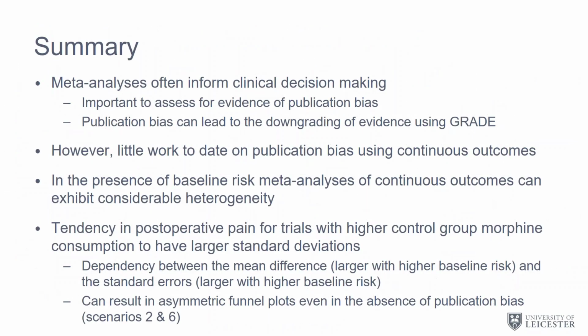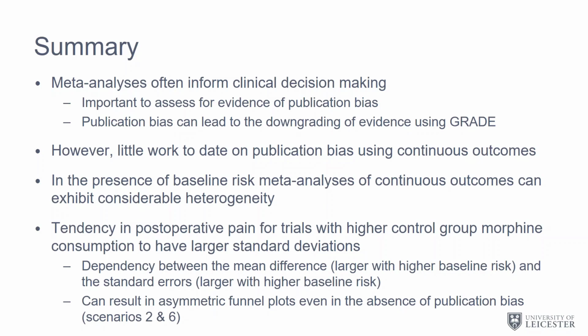Okay, so we've covered quite a bit so far, so I'm just going to summarize where we've got to. Meta-analyses are frequently used for informing clinical decision making and guidelines, and so if we're using invalid data, this could lead to the use of ineffective or harmful interventions in clinical practice.